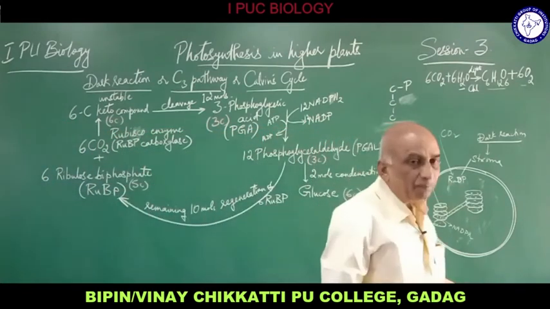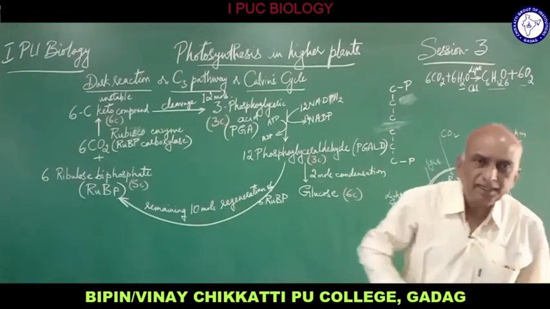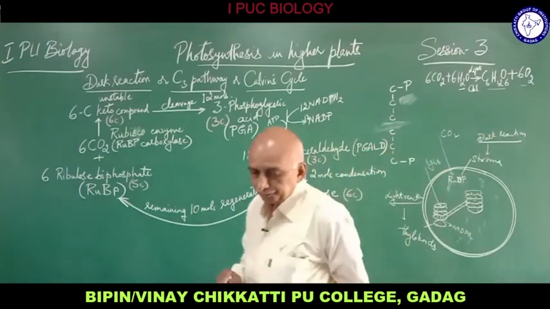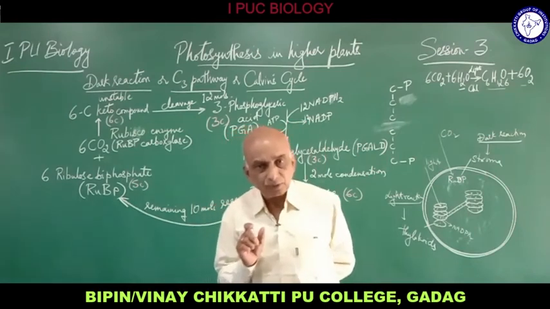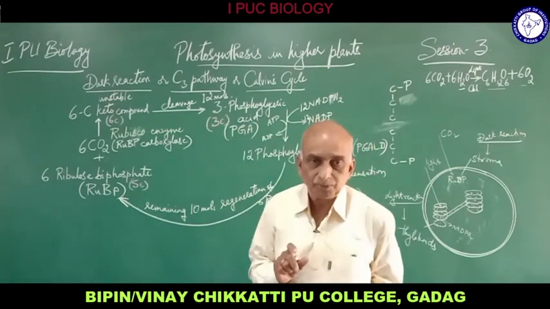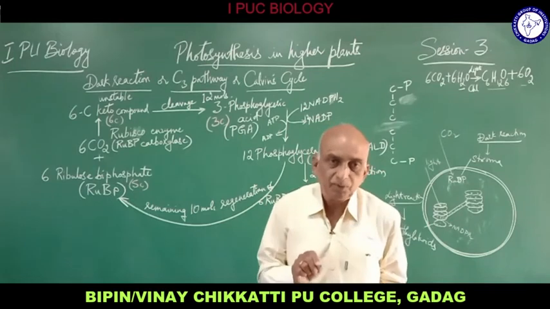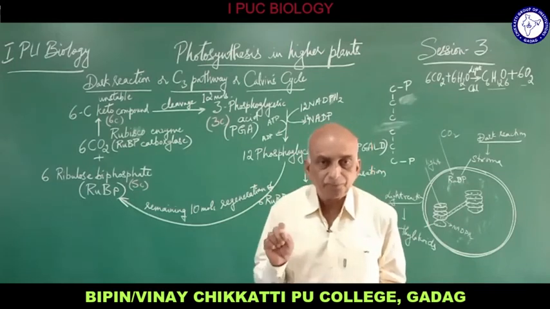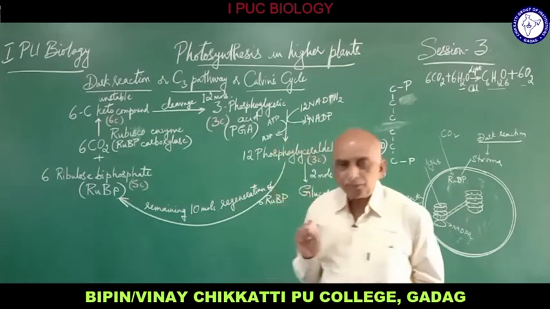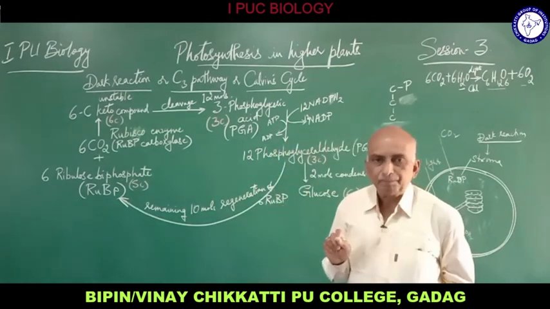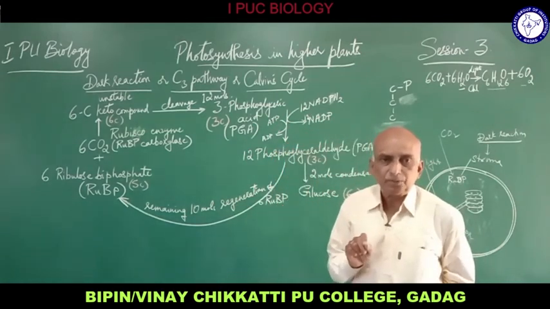So the dark reaction starts with the presence of a 5-carbon sugar in the stroma called ribulose. This ribulose is added with 1 phosphate to form RuMP, and this RuMP combines with another phosphate to form RuBP.